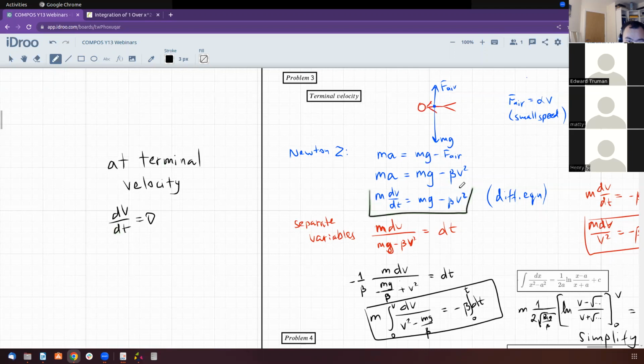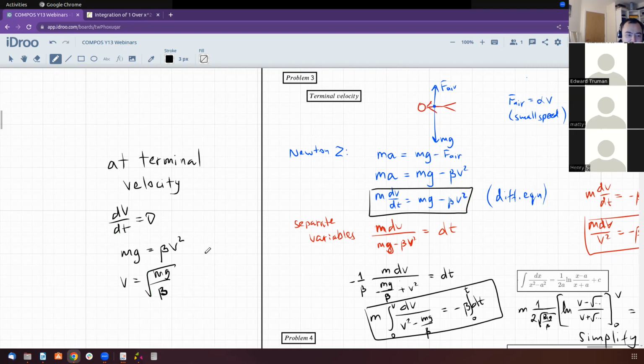And here, we have mg is equal to beta v squared. So v is equal to square root of mg over beta. And if you know the values for mg and beta, then you're good to go. Or you can work out the value of beta from the terminal velocity.